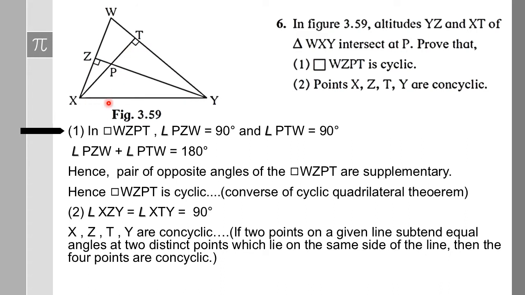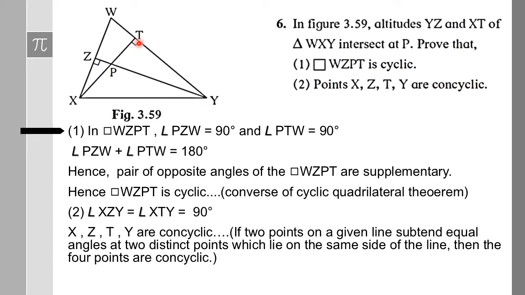XY is a straight line, and X and Y are the endpoints of the segment. Two angles, XZY and XTY, are subtended on the line segment XY, and both the angles are congruent also. So here it satisfies the condition for 4 concyclic points.